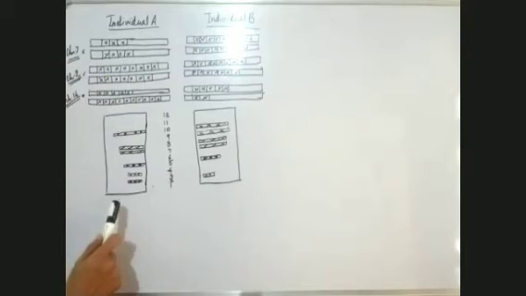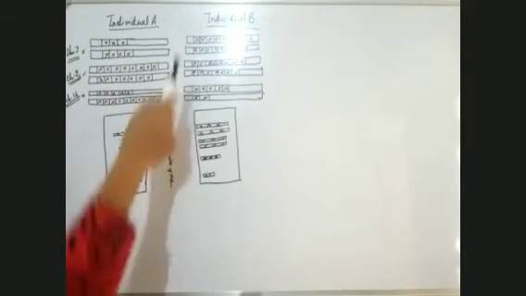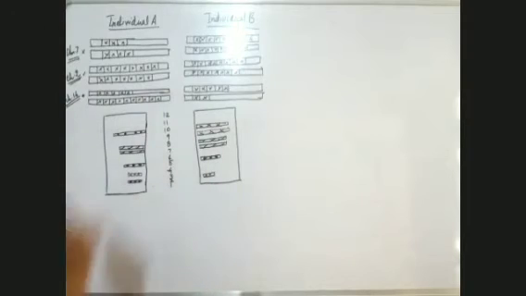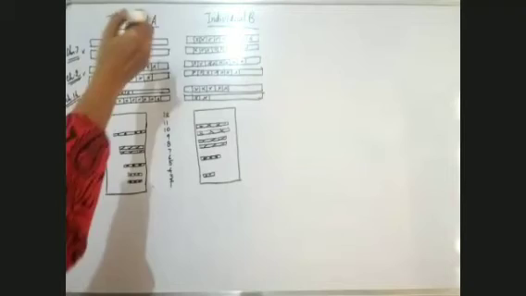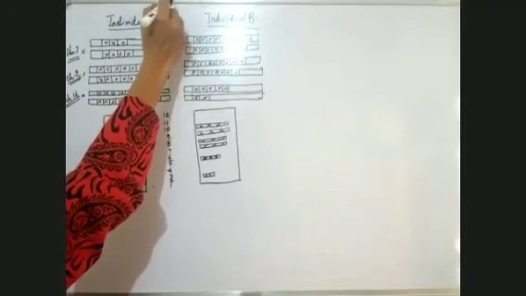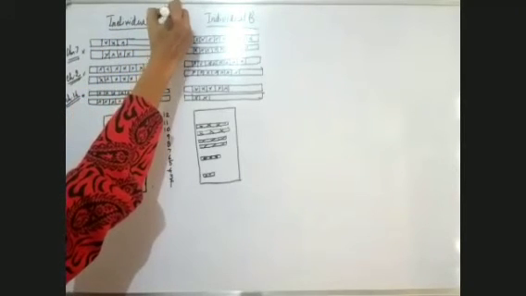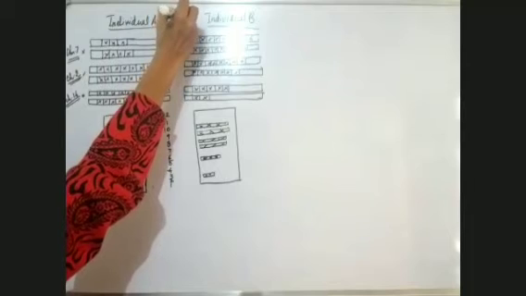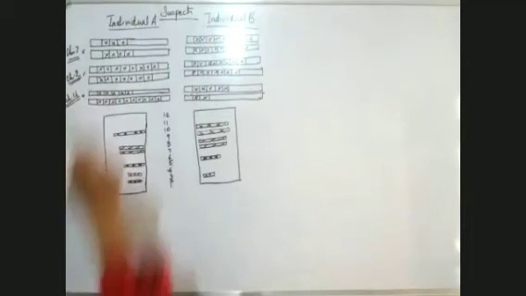Now this is the DNA of individual A on agarose gel, and this is the DNA of individual B on agarose gel. Now these were the two suspects. These were not the ones who have done the crime. We have taken the DNA fingerprint of the suspects on the agarose gel.